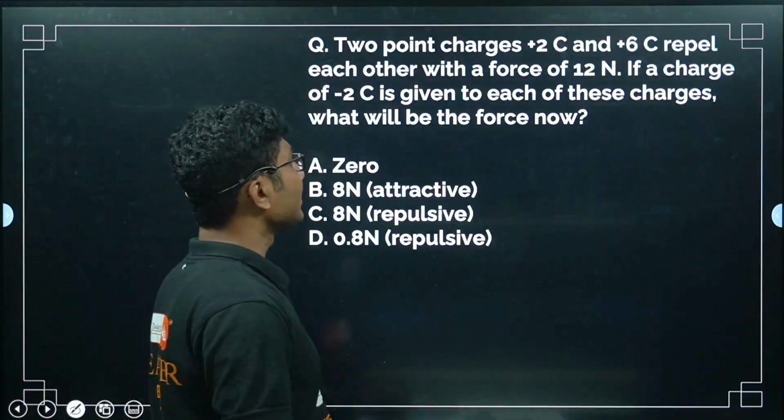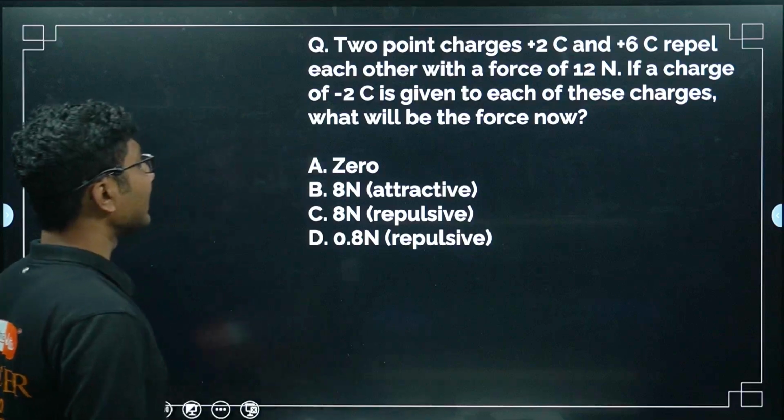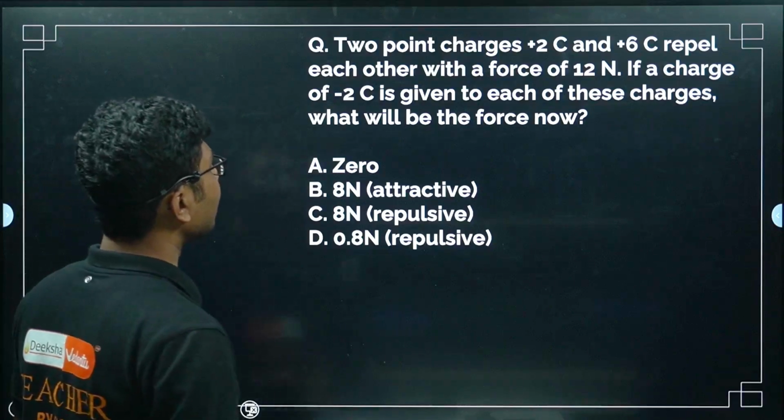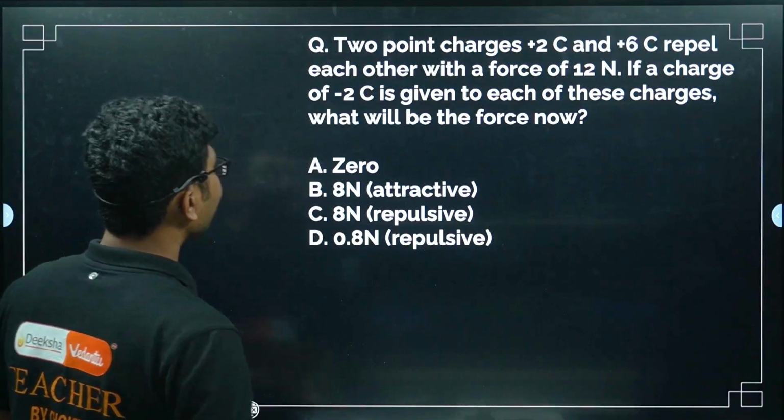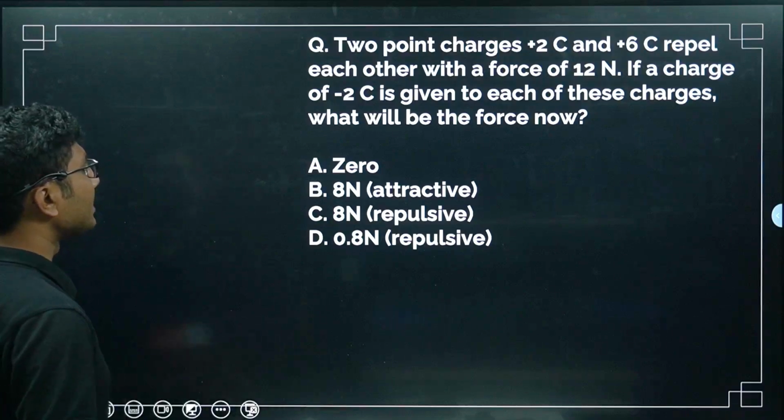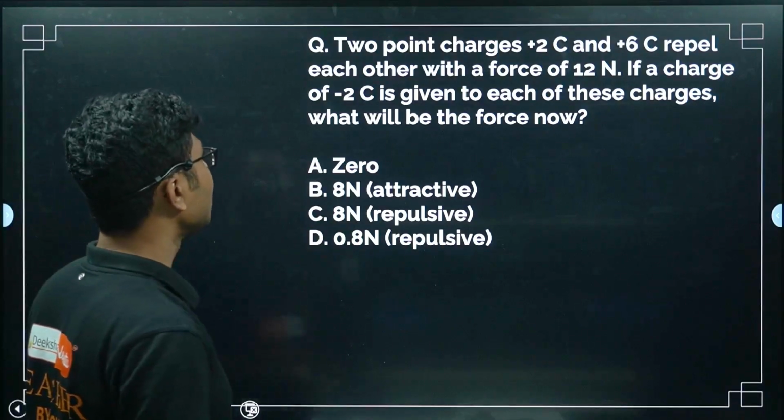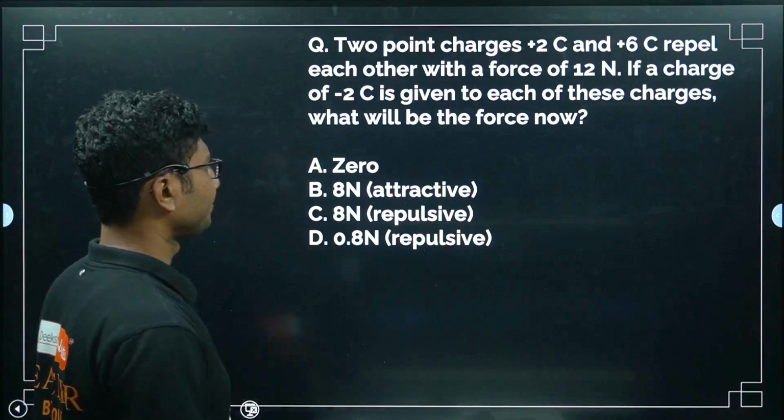Two point charges, plus 2 coulomb and plus 6 coulomb, repel each other with a force of 12 Newton. If a charge of minus 2 coulomb is given to each of these charges, what will be the force now?